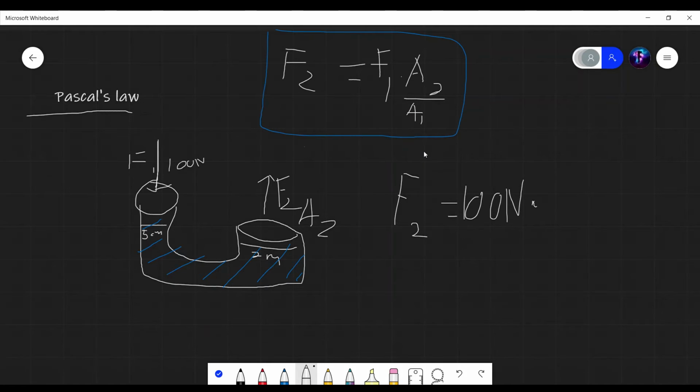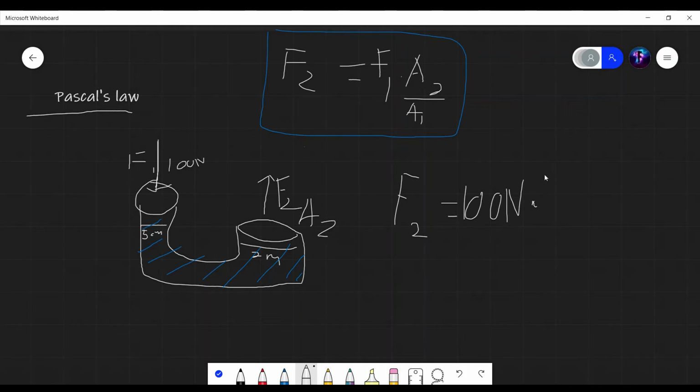Now, since A2 is supposed to be a circle, as you can see, hopefully you know how to find the area of a circle. If you don't, I'm going to put a card somewhere around right here. It should pop up any moment.